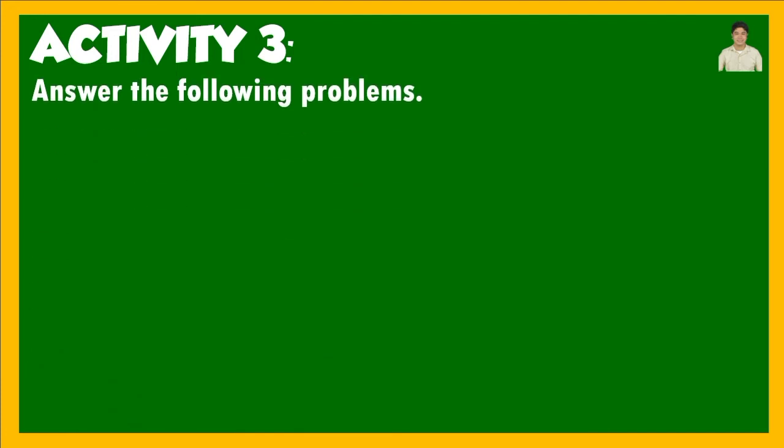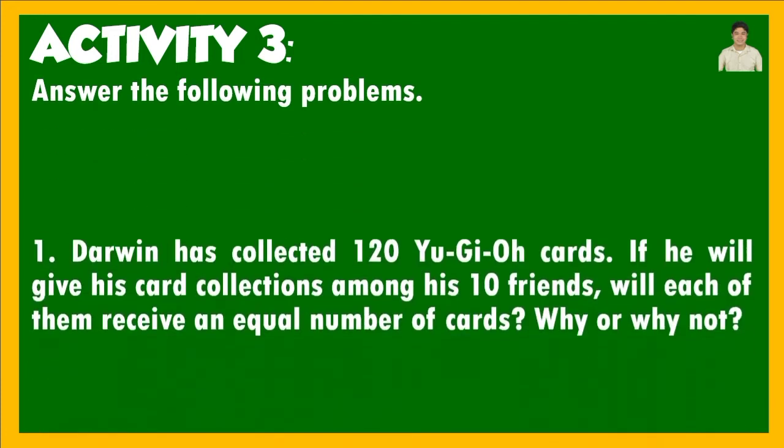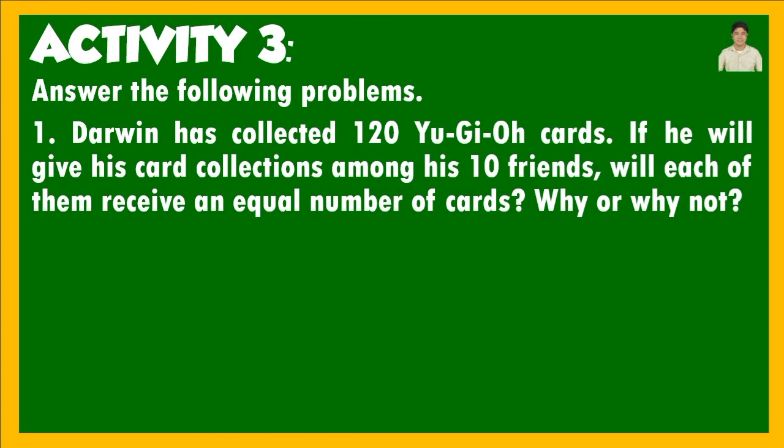Let us have the last activity. Answer the following problems. Ayan, we have problem solvings. Number 1. Darwin has collected 120 Yu-Gi-Oh cards. If he will give his card collections among his 10 friends, will each of them receive an equal number of cards?